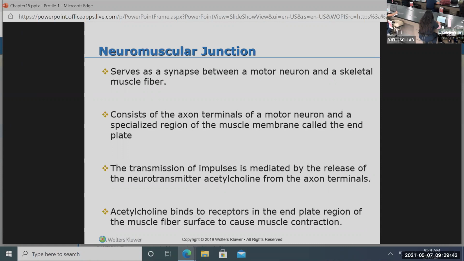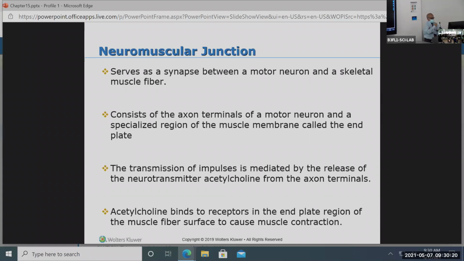Now, the transmission of impulses is mediated by the release of the neurotransmitter called acetylcholine from my axon terminals. The axon terminal's job is to release those neurotransmitters. The muscle cell at the motor end plate's job is to receive those neurotransmitters, because at the motor end plate they have receptors.